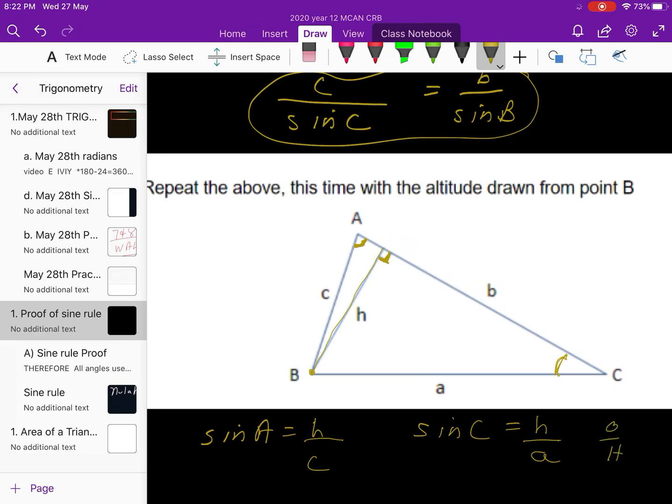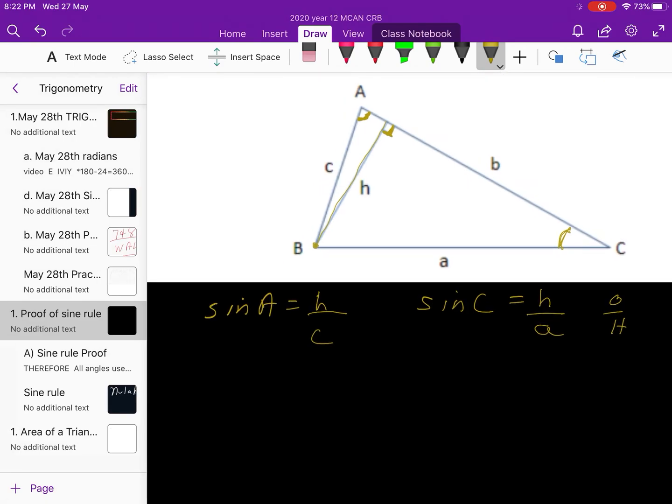So A is the hypotenuse, opposite over hypotenuse, H over A. And then if we rearrange that, we're going to get H is equal to sine A times C, and H over here is going to be sine C times A. And then we know that those are going to be equal.